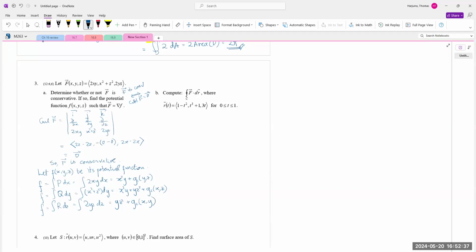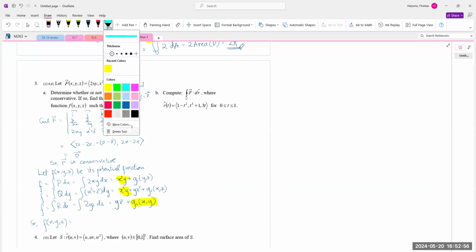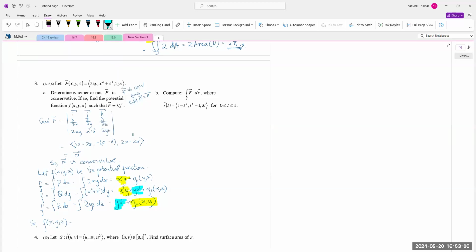Now we do a comparison. So the potential function must be, let's highlight this, this term matches with this one, right? On the other hand, this term here matches with this one, a function of y, z.